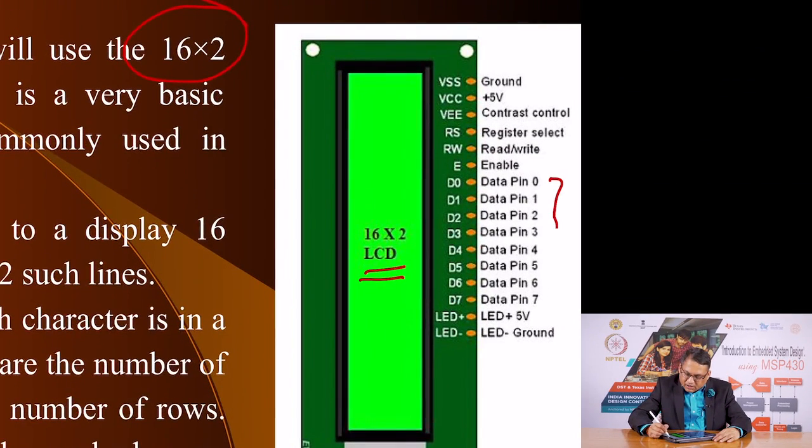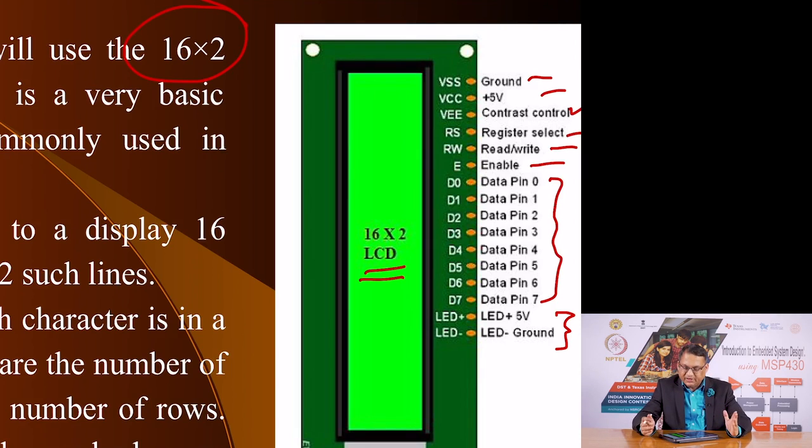And the Hitachi controller HD44780 offers a unique and uniform interface which has these 8 data lines, some control lines like these and these, a power supply here, a power supply for the backlight, and a contrast control.